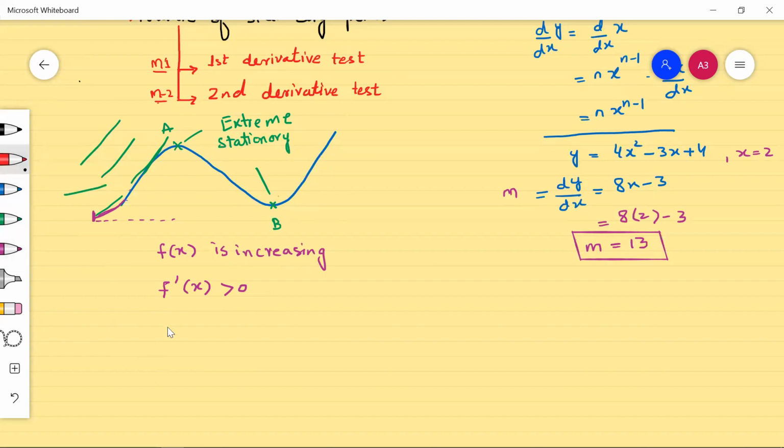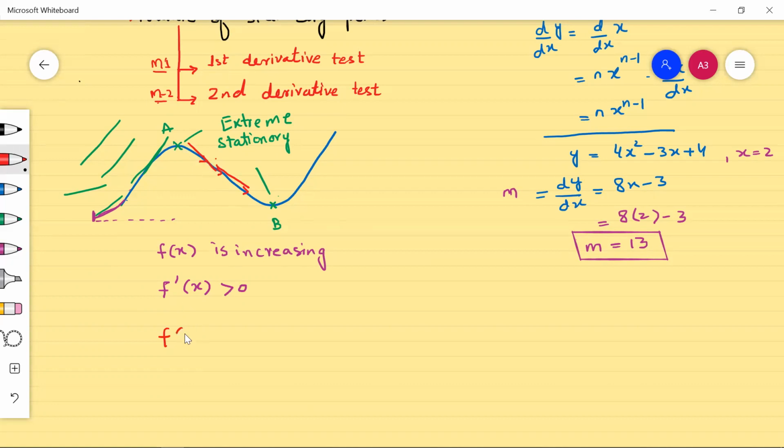And f of x is decreasing after achieving this maximum point or maximum height. Now f of x is going downward. If you look at this, up to this point where the point is minimum, if you draw a slope at any point here, then you will see that the line is like this. So slope is negative.